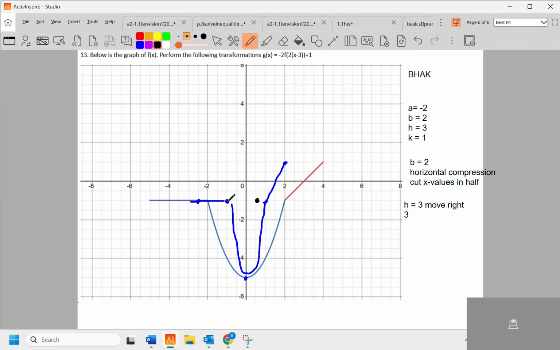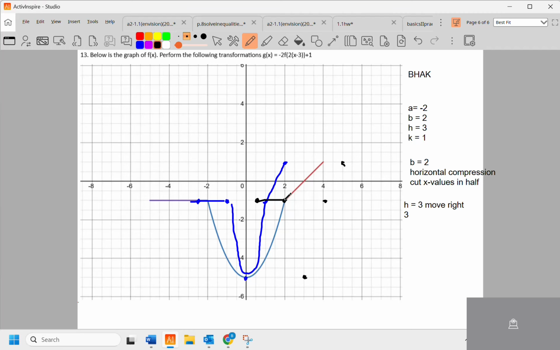This is at -1. It's now over here at 2. This one was at 0. It's going all the way right 3, which should be about right there. There was one right here at 1. It's going all the way over to 4. And if we take 2 and add 3, we'd be at 5.